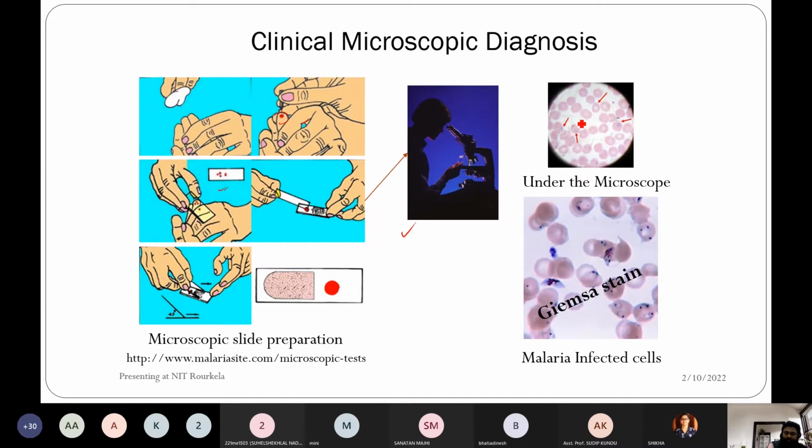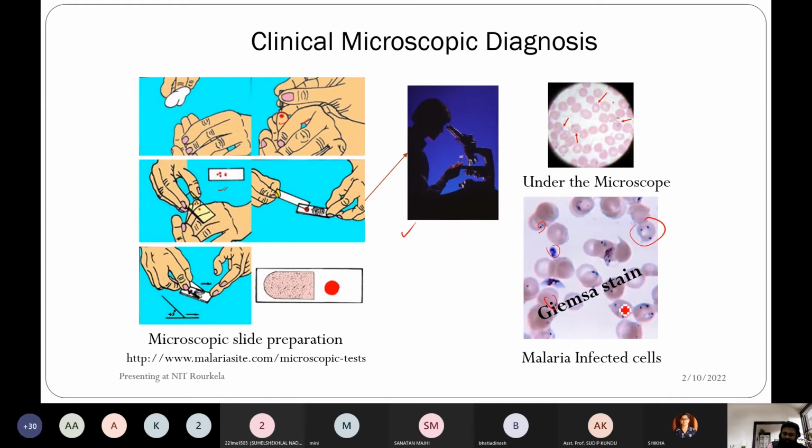Then you can visualize it like this. This is a field of view, a particular area where we can see, and if suppose this is a parasite present inside the RBC, and this is some debris, and this is the parasites. Here this is only a small one, but in this RBC you can see multiple parasites or multiple stages.